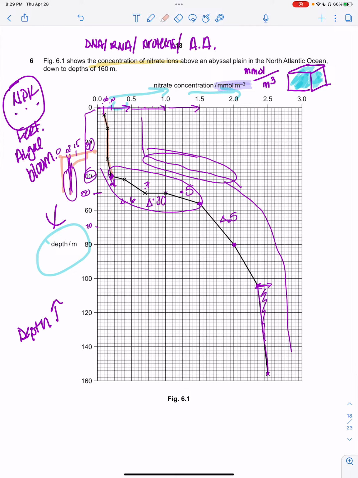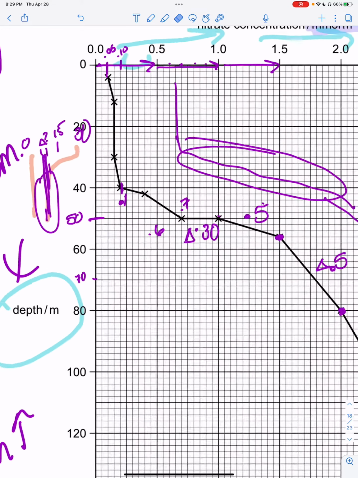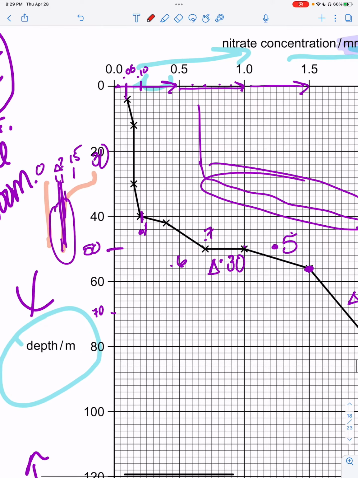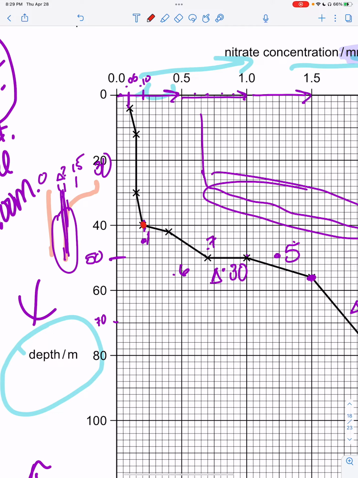I'm going to erase some of this so I can read those numbers better. Okay, doke. 40 right here. And I already wrote down it was 0.1, right? Yes, each box is 0.05.